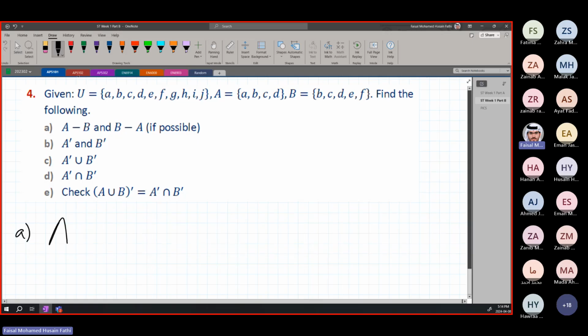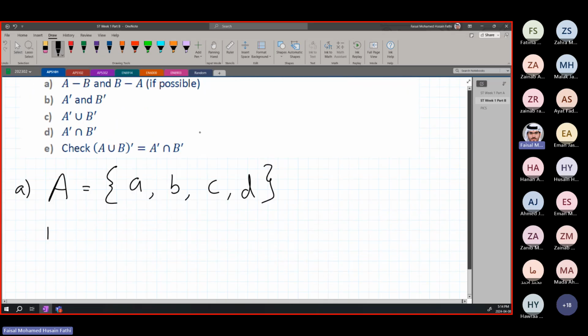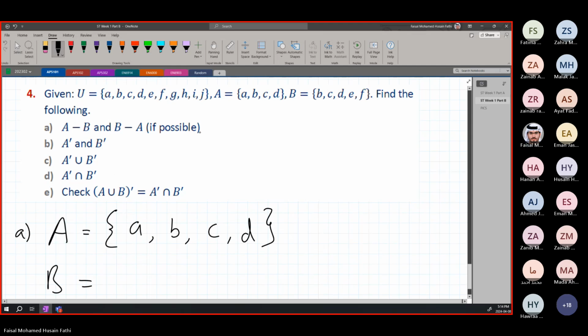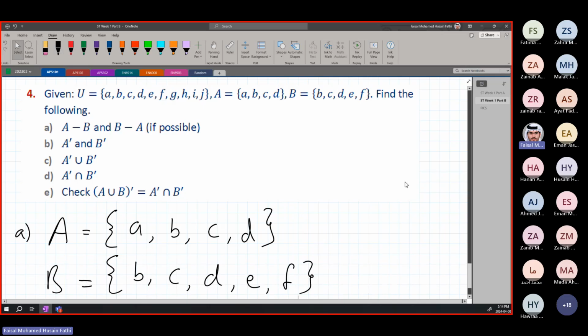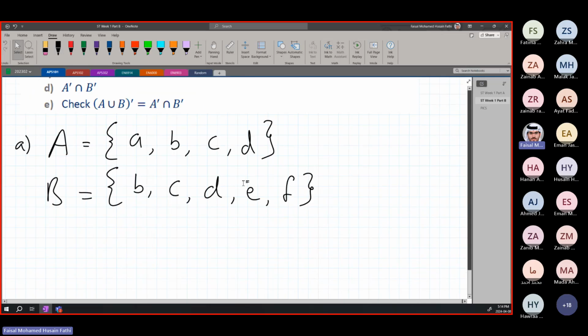We have A is equal to A, B, C, D. As you notice, we don't have any numbers. And B is equal to B, C, D, E, F. So we have A, B, C, D here, and we have B, C, D, E, F.